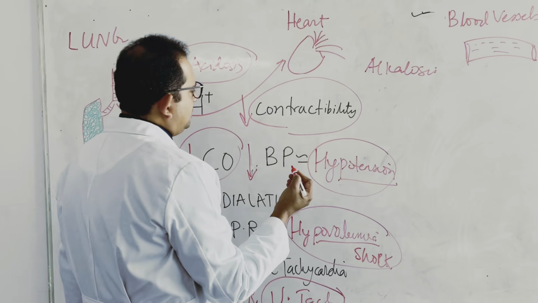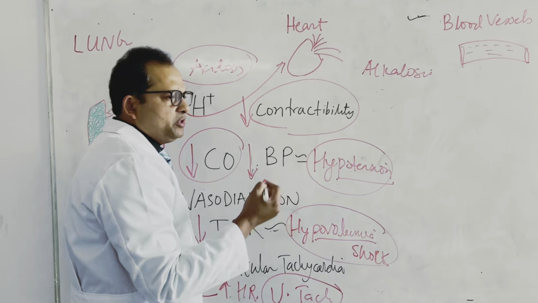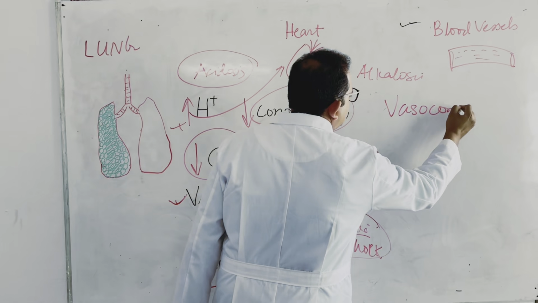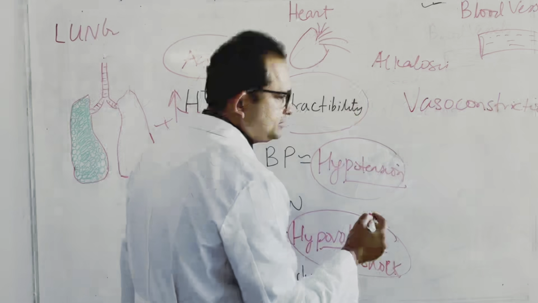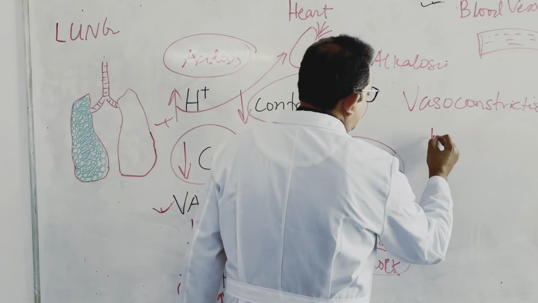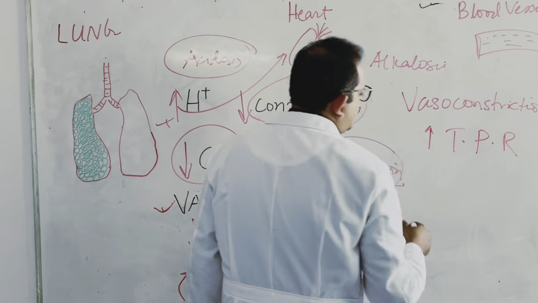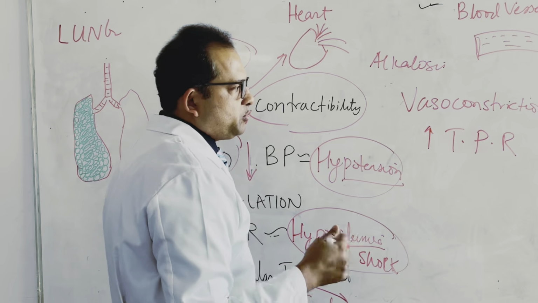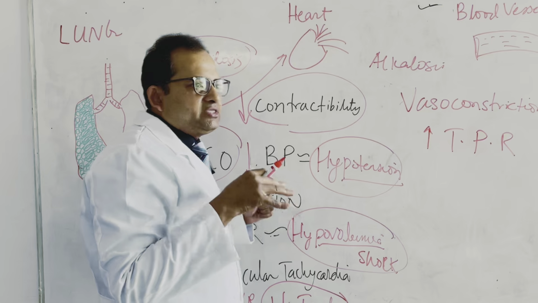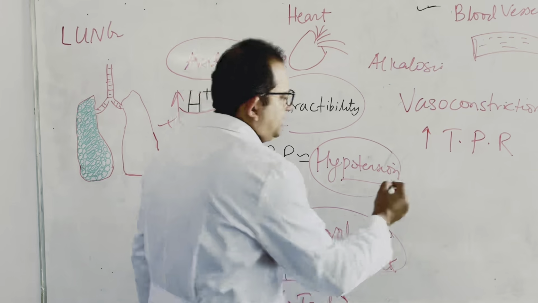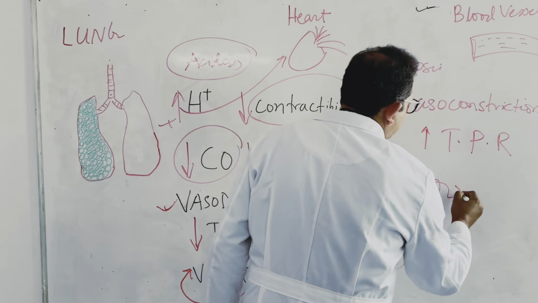Now let's move to alkalosis. What happens in alkalosis? Alkalosis will lead to vasoconstriction, which will lead to an increase in total peripheral resistance. Once the total peripheral resistance increases, there will be exertion on the heart, and that exertion will lead to an irregular rhythm.